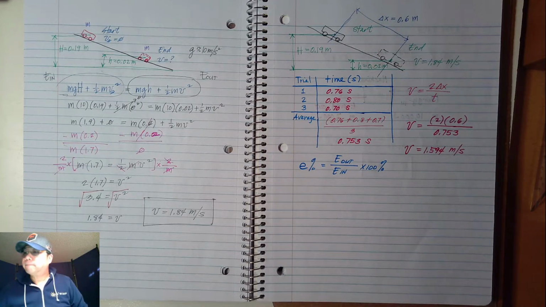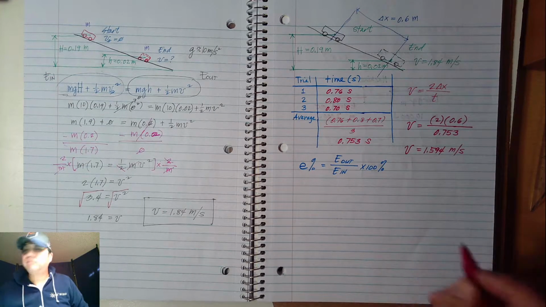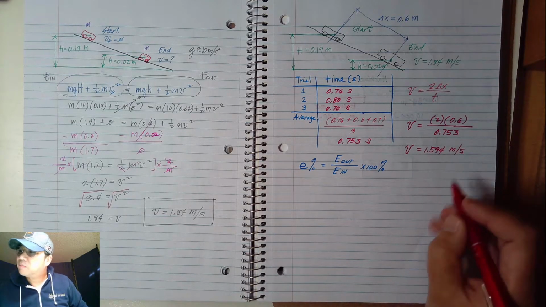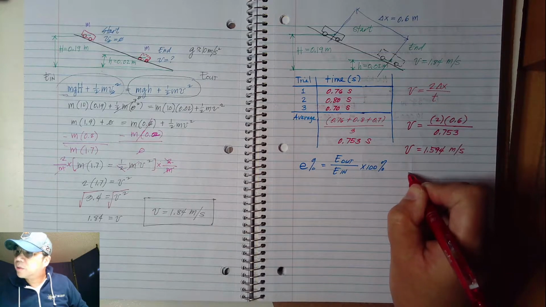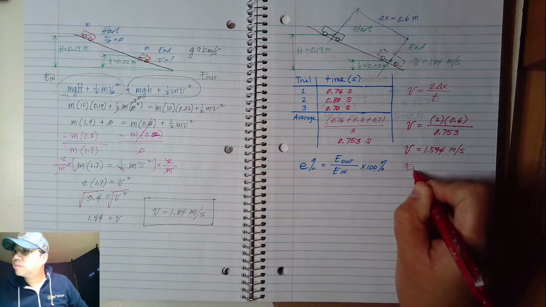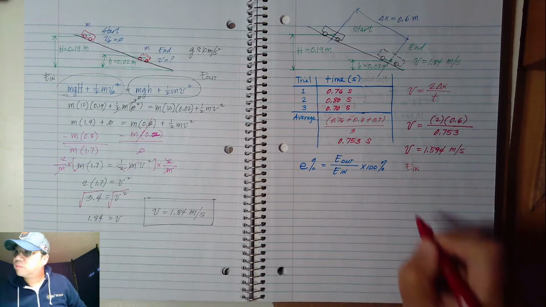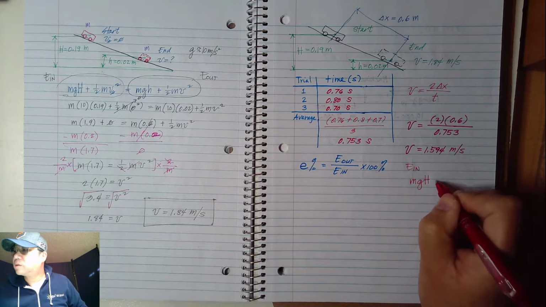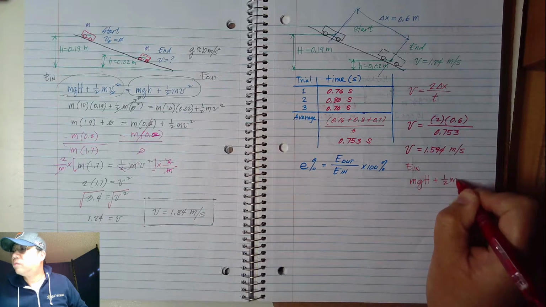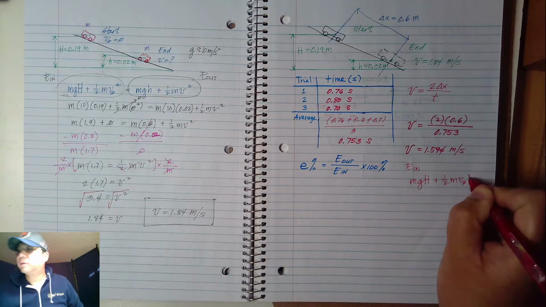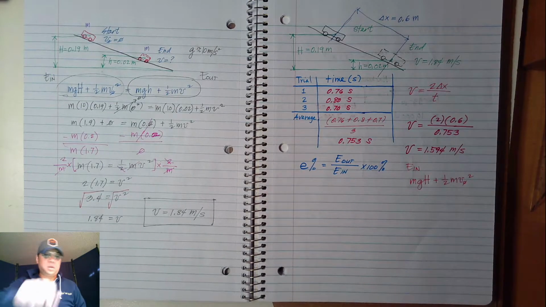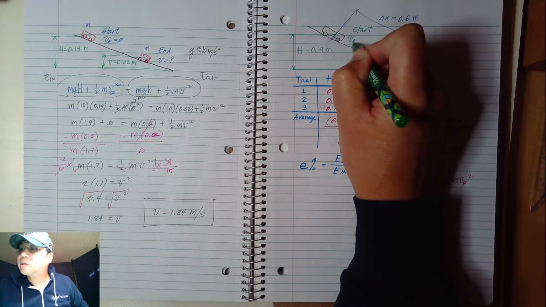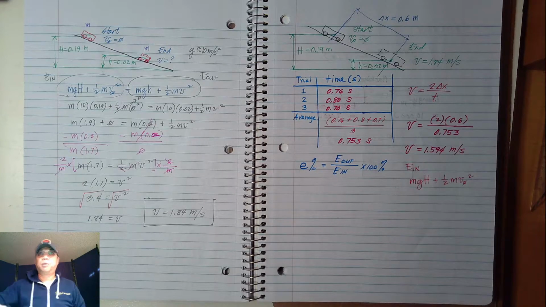For input, since everything is potential, for our input energy, E in, I still wanted to write it down: mgh plus 1/2 m v sub naught squared. This means that at this point, the initial velocity is 0. Don't forget that.